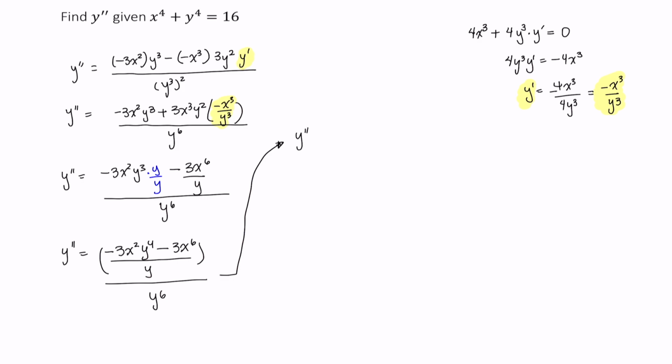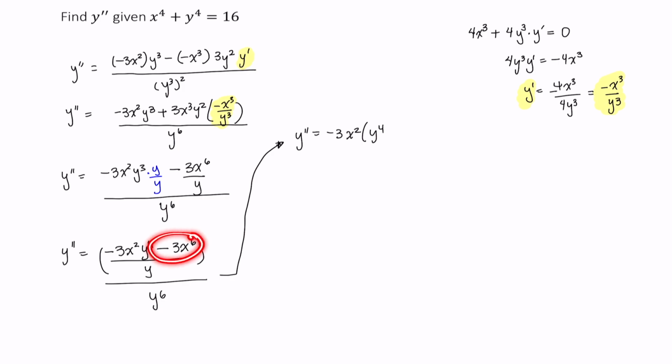So y double prime is equal to, and what do we have in common here? We have a negative 3 and a negative 3, so I will factor that out. And I also can take out x squared from both of these. So negative 3x squared y to the 4th divided by negative 3x squared, all that's left is y to the 4th.